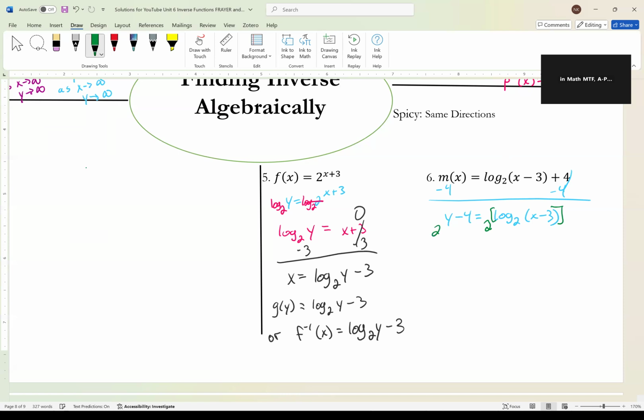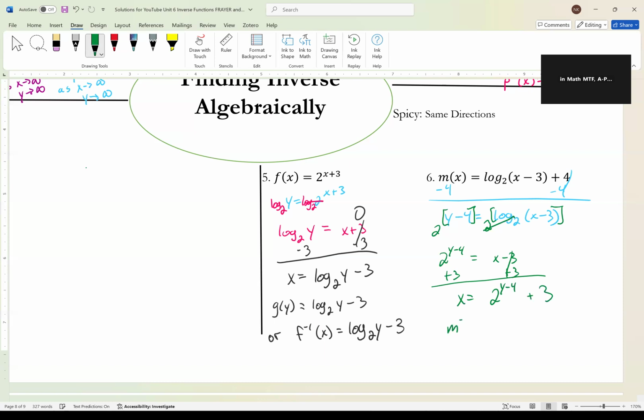This is also called an anti-log. I've seen it called that before. I think it's more of an archaic term. I haven't seen modern textbooks use that. But we're just making an exponential expression to cancel out that logarithm, and x is equal to 2 to the y minus 4 plus 3.